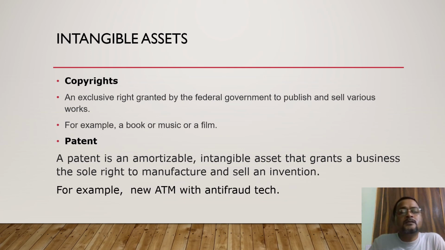The third intangible asset is copyright. A copyright is generally granted by federal agencies like the United States Copyright Office for publishing and selling various works. For example, if I have written a new book, it will be copyrighted to me.